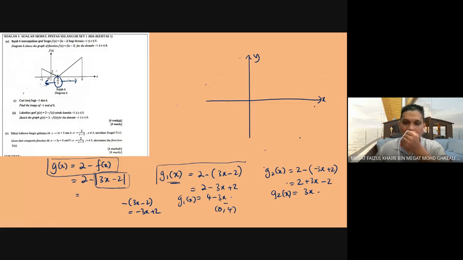And then when y equals 0, 4 minus 3x equals 0, negative 3x equals negative 4, and x equals 4 over 3. So (4/3, 0). Where is (0, 4)? Somewhere around here. And then 4 over 3, which is 1.3, am I right? Somewhere around there.